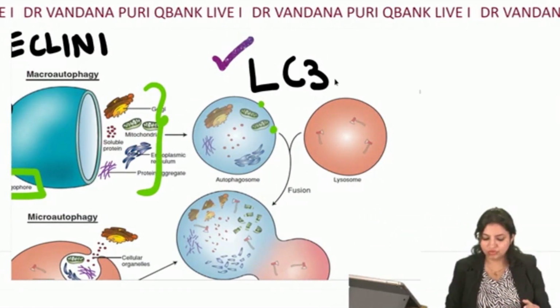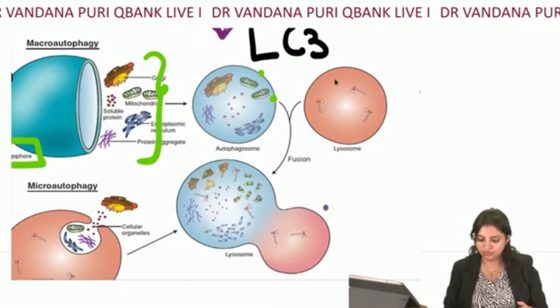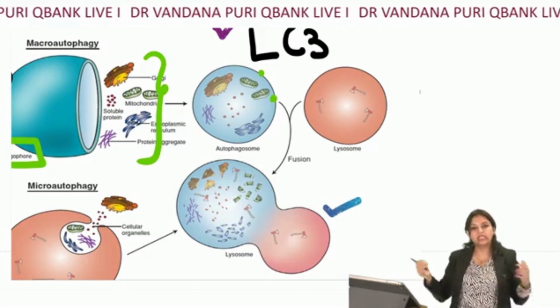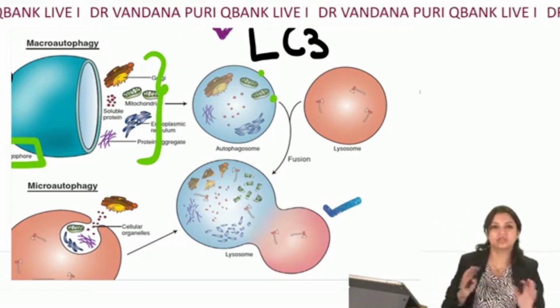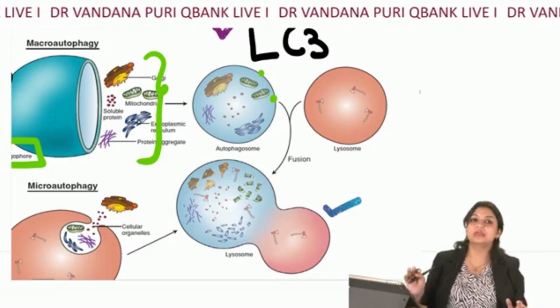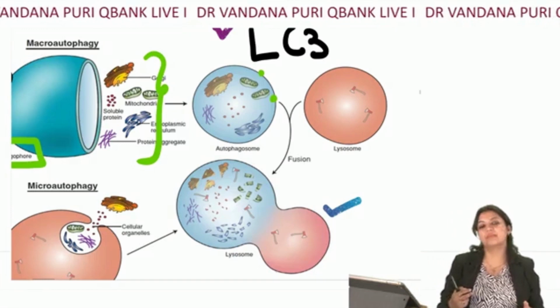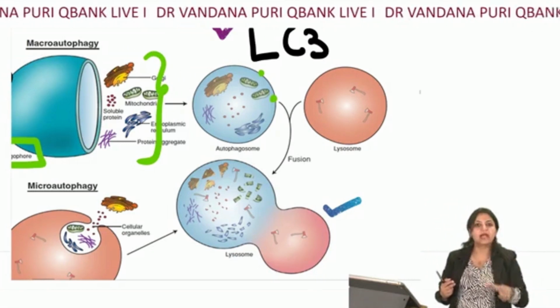See here, the phagosome is fusing with the lysosome, and these two fuse together to form a phagolysosome, and killing starts occurring in the phagolysosome. This phenomenon is called macroautophagy.